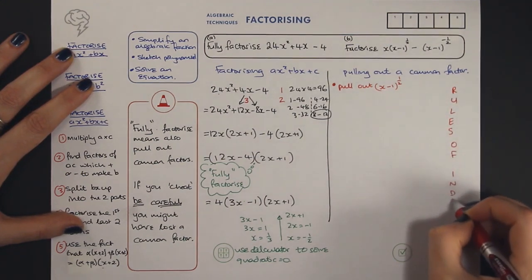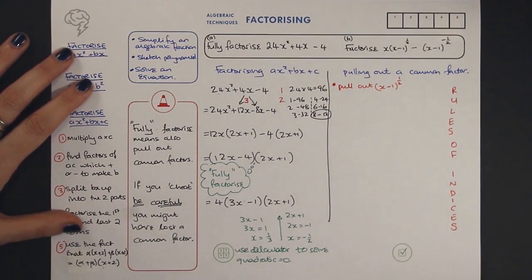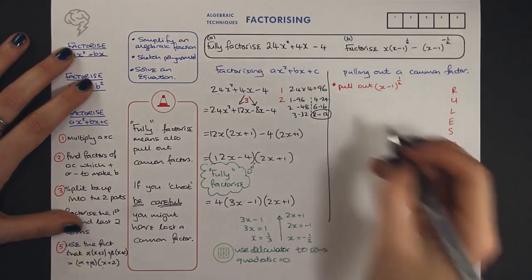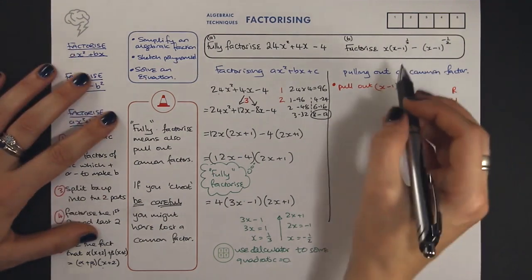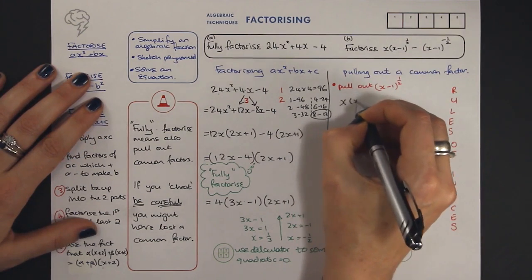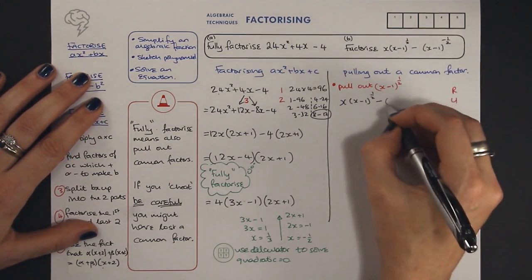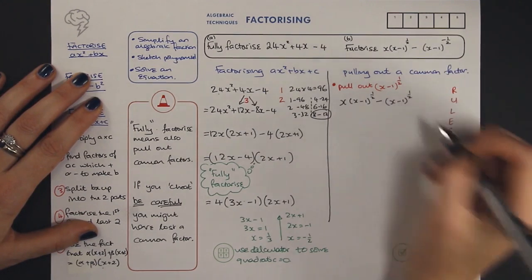We need to be so proficient in these rules of indices. So we're going to be using those rules of indices throughout, and it's a good little trick. So this one here is already written in the form that I want, (x minus 1) to the half. Now here, what I want is an (x minus 1) to the half, so I can pull it out.